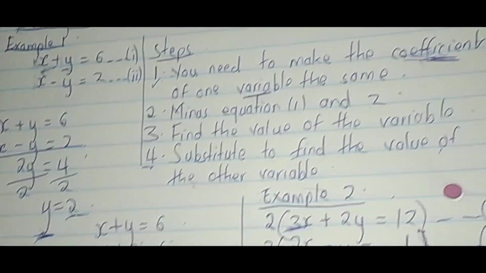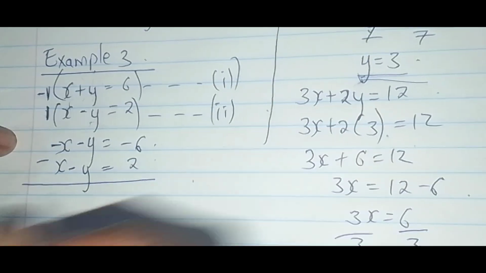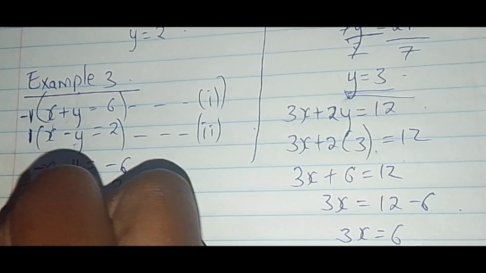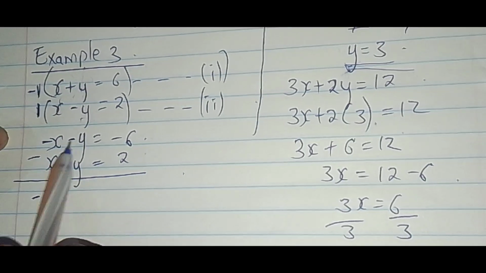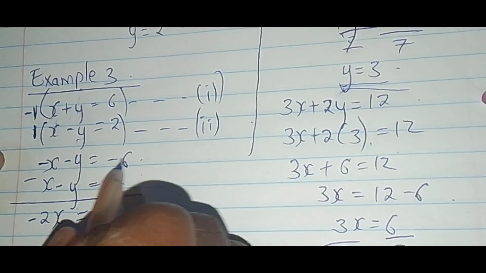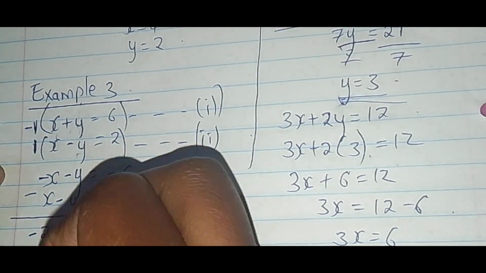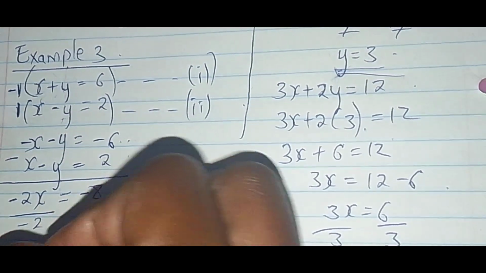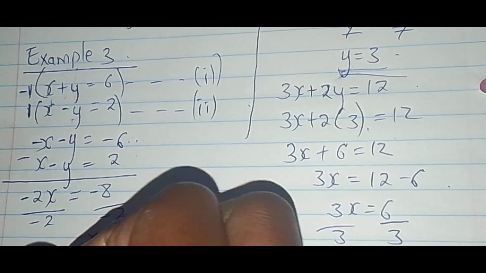Then our second step, minus equation 1 and 2. You subtract. Negative x minus x, that's a negative 2x. Negative y minus y, that is 0, is equal to negative 6 minus 2, that is negative 8, over negative 2, over negative 2. X is equal to 4.